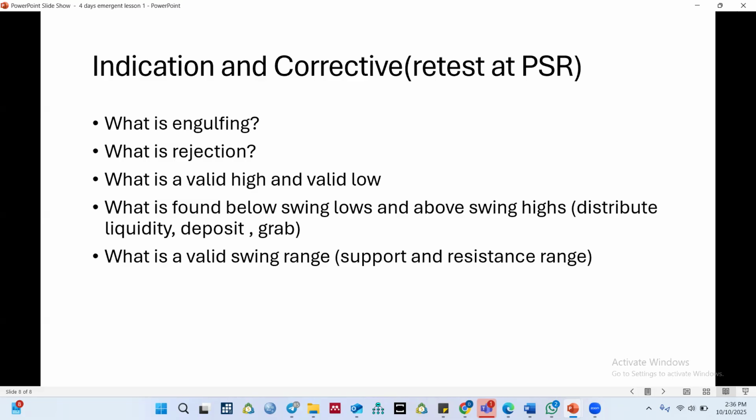Okay. So I feel like if we can look at engulfing as an English word first, go back to our English teachers, or check on AI or Google, type on your phone and ask what is the English meaning of engulfing.